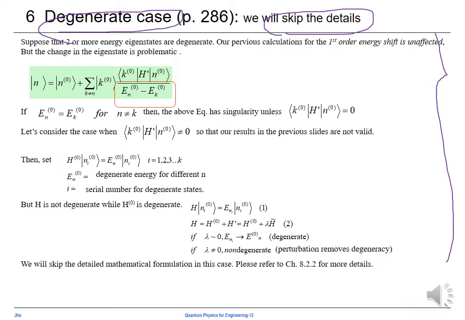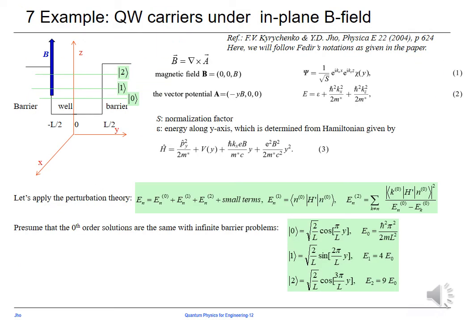In the degenerate case the mathematics becomes even more complicated, so we'll skip this part, and then we'll go into the complicated problem here. We want to make it simple and simple, but it is already complicated.